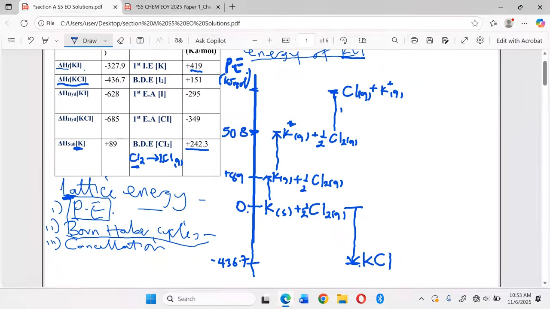So which means we're going to add a half of 242.3. Those who have calculators, you can get that. A half of 242.3 is 121.15.